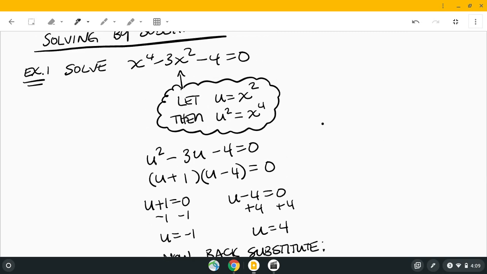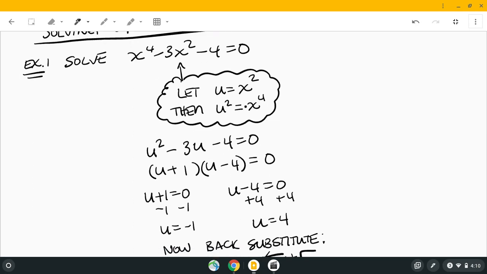So again, you start by letting u represent this middle one over here, just the variable part, not the coefficient. And then when you square both sides, square this, and you get this. And then you can substitute.